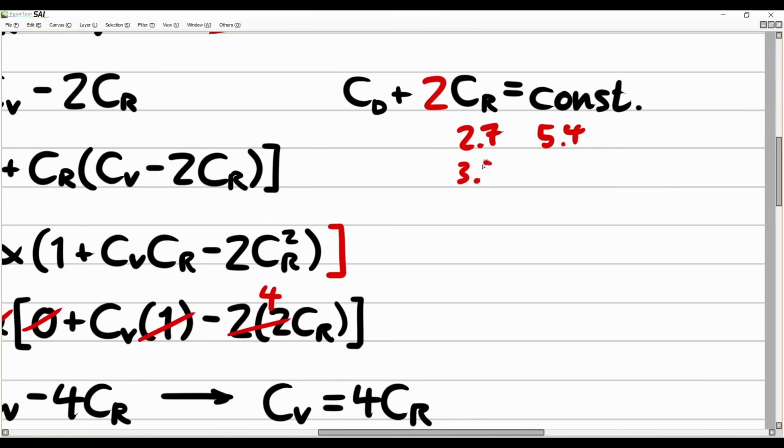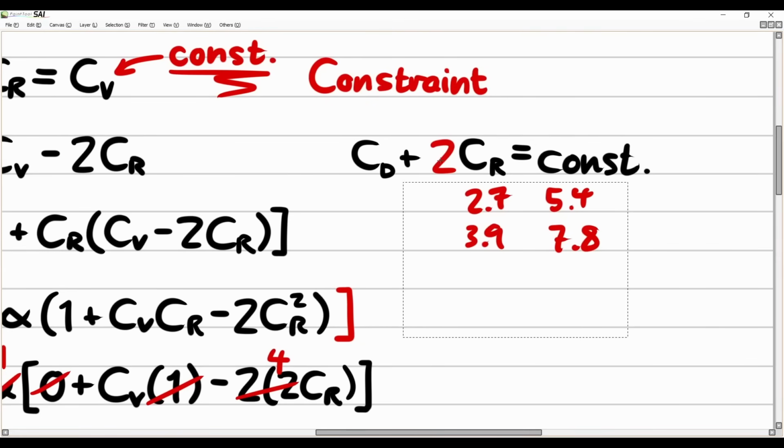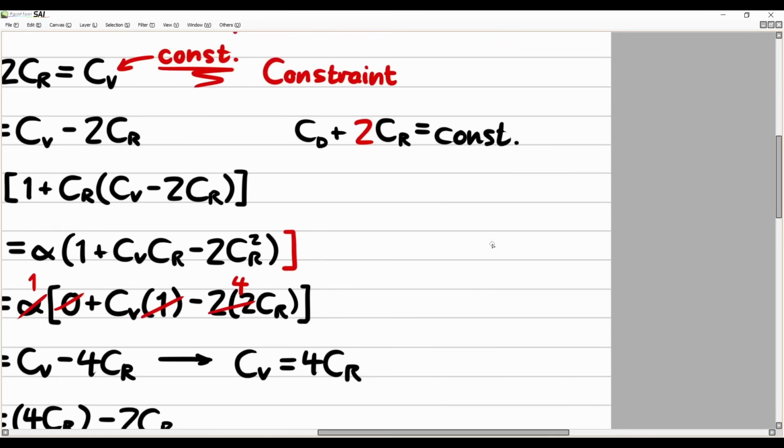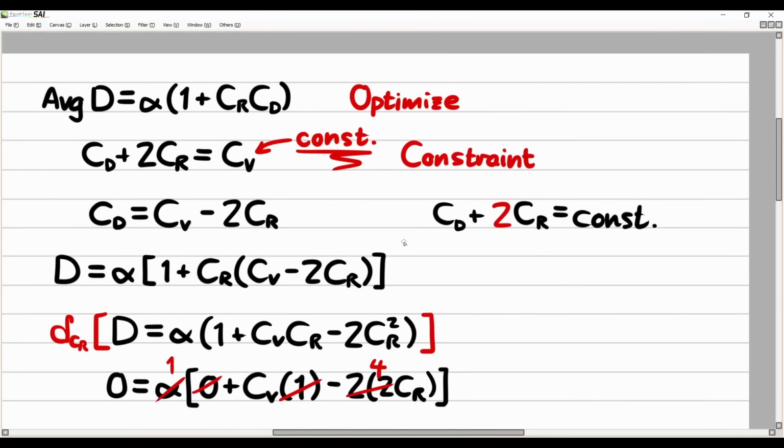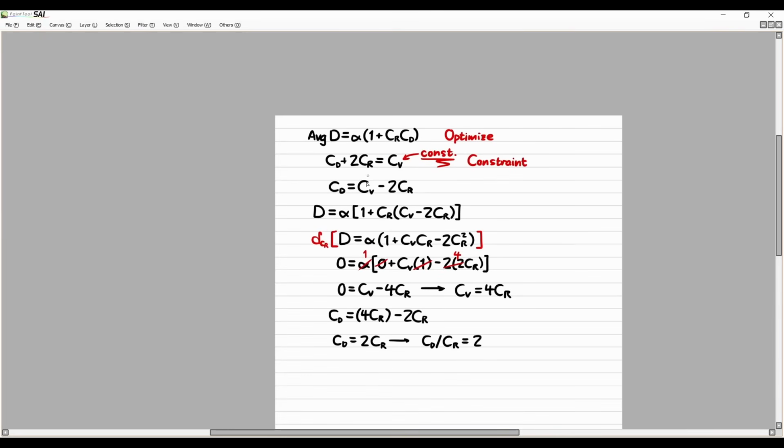There's also the 3.9 and the 7.8. Yeah, those people will tell me that that 2 is there because of that. Granted, they are justified, but I just don't think it's justified well enough. And that is why I ended up doing the proof I did.